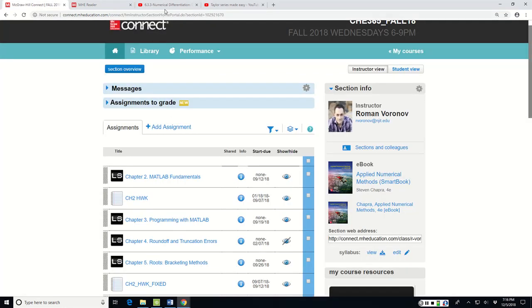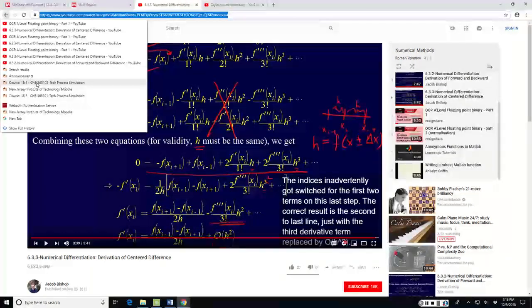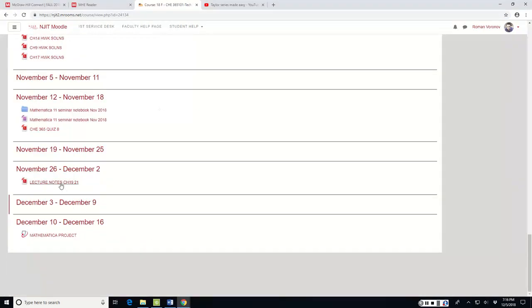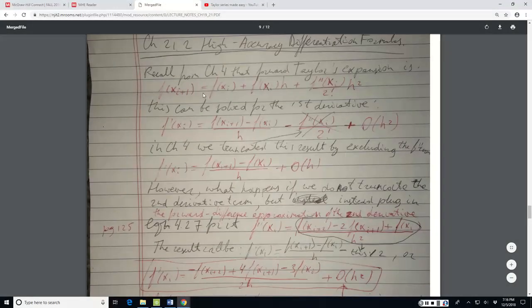And I actually have a derivation on the Moodle handout, so let me go back to Moodle. This one. Okay, so here's the derivation.